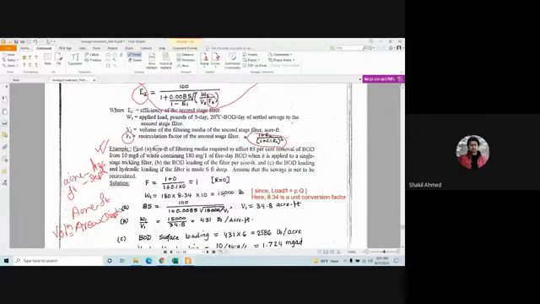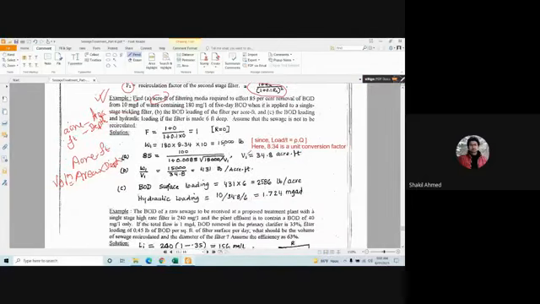Acre feet means volume of filtering media required to effect 85% removal. So your E1 has to be 85% of BOD from 10 million gallon per day of waste containing 180 milligram per liter of 5-day BOD.